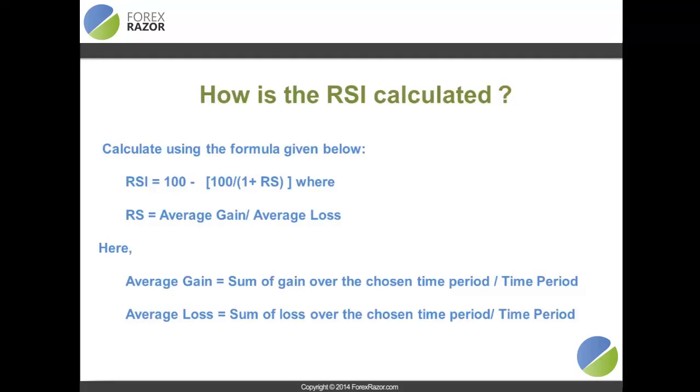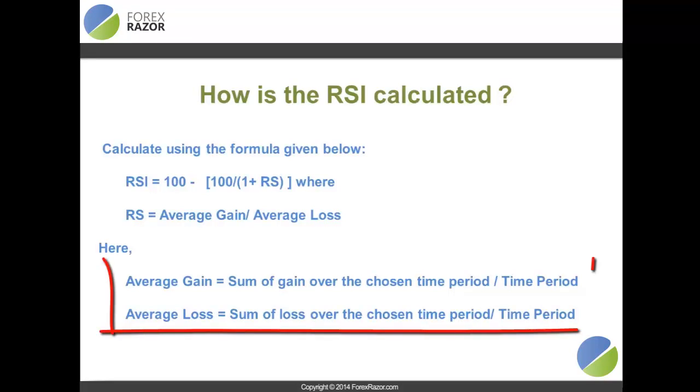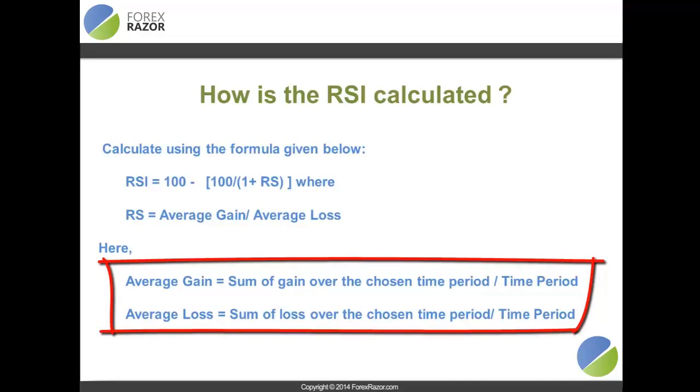Here average gain is the sum of the gain of the price of the financial instrument relative to the reference price, which is either the close or open price, over a given period of time, divided by the total time period taken into consideration. Similarly, the average loss is the sum of loss over the chosen time period divided by the total time period taken into consideration.